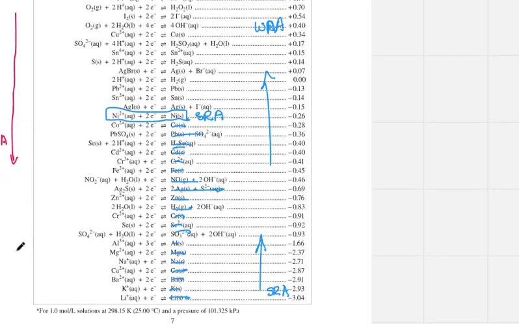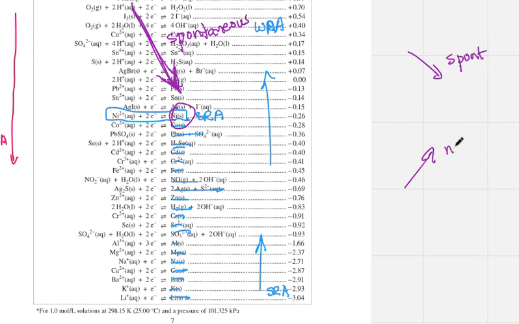And finally, the way you tell if these reactions are spontaneous is actually pretty simple. If you draw an arrow from the strongest oxidizer to the strongest reducer, if that goes downhill, we say our reaction is spontaneous. Anything going this way is spontaneous. Anything that goes uphill is considered non-spontaneous.